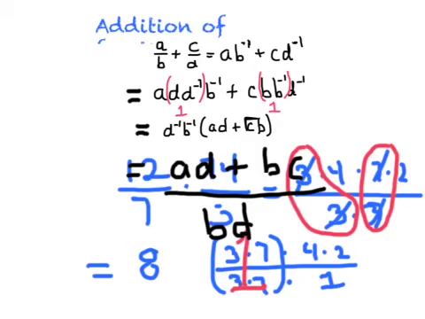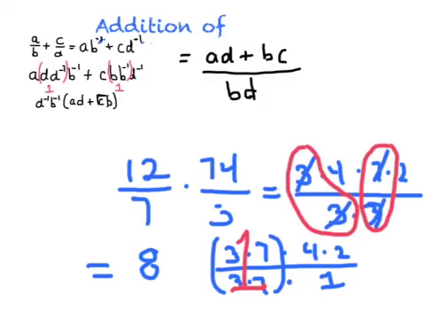So now let's do an example. How about we add 2/3 plus 5 over 7. The way we do that is we find a common denominator, which in this case will be 21. We multiply the fraction on the right hand side.